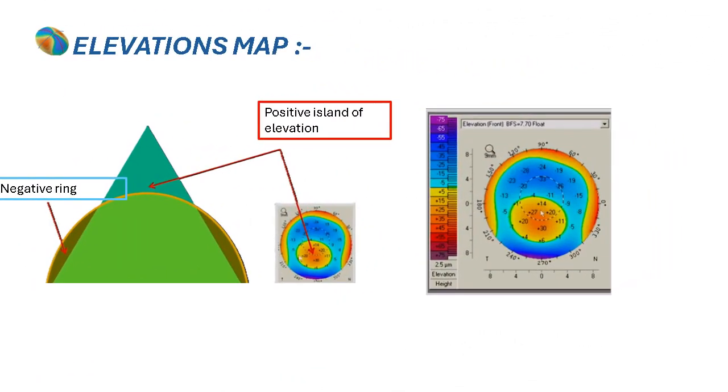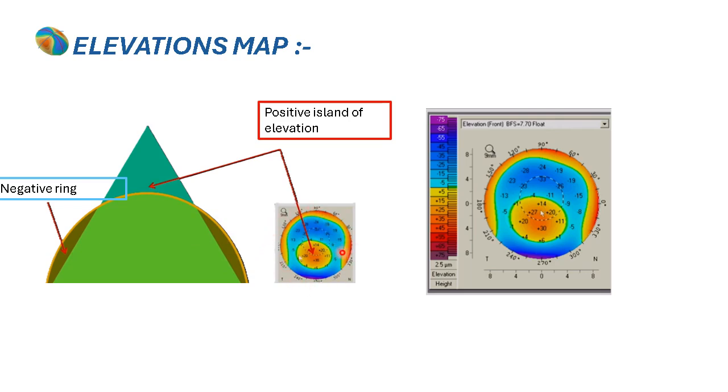This representation shows the relation between the apex of the cone and the best fit sphere. As you can see, the apex of the cornea in this case falls above the best fit sphere, so it has hot colors, which appear as red here. Those areas which fall below the best fit sphere will be in cool colors, with the appearance of blue.